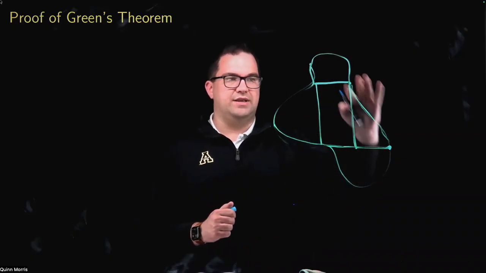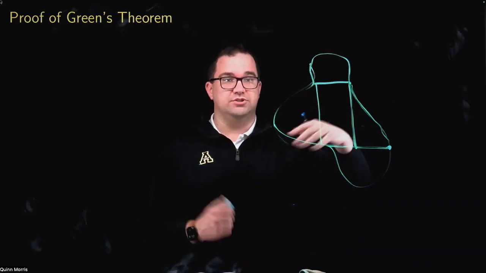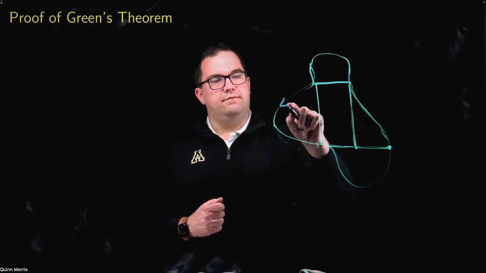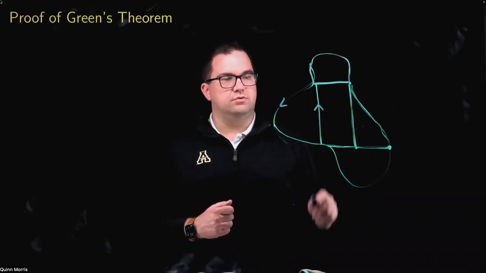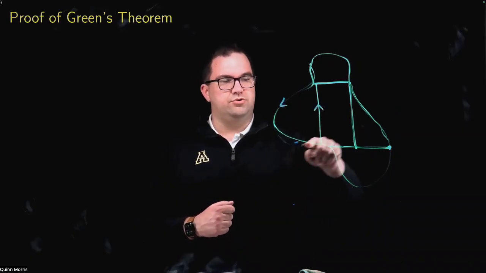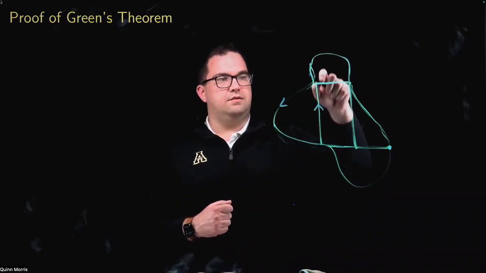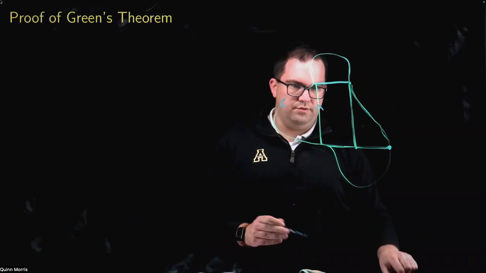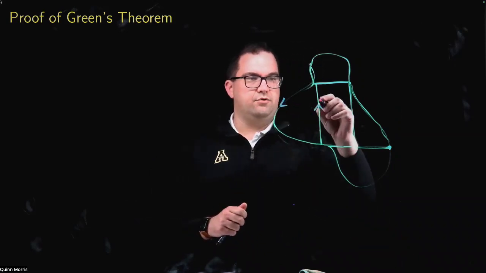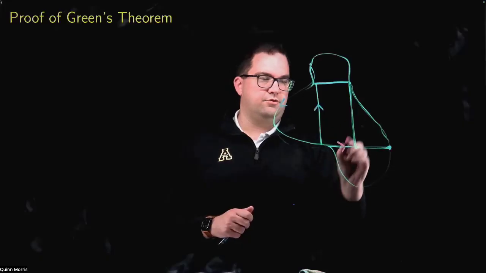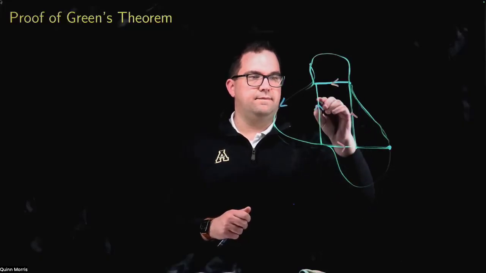When you add it all together, that gives you the double integral over the whole region. That's good. But then you're also going to do line integrals around each piece. So you imagine you do the line integral here, and then let's say you come over here and do the line integral in a counterclockwise fashion. Then you come over here and do the line integral in a counterclockwise fashion.